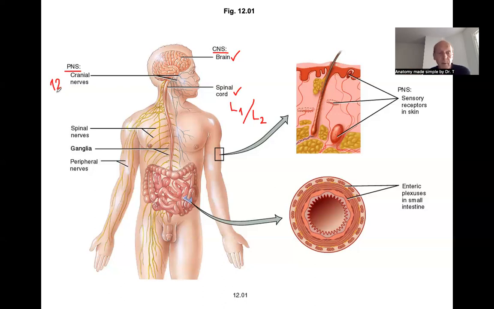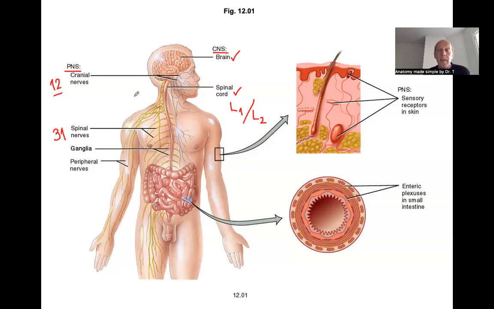Peripheral nervous system, on top of 12 pairs of cranial nerves, is also going to be enriched with an additional 31 pairs of spinal nerves. Those nerves originate from the surface of the spinal cord, and there should be 31 of them. Nerves that are arising from the spinal cord are generally given names such as cervical nerves if they originate from the neck part and in between cervical vertebrae.